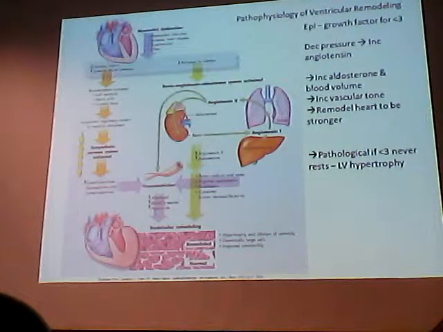If sodium is retained, then you increase the blood volume, because fluid follows the high sodium content. You're increasing vascular tone, and you're remodeling the heart to be a little bit stronger with that epinephrine. And it's pathological if the heart never rests, and that could be left ventricular hypertrophy, and that's just another note.